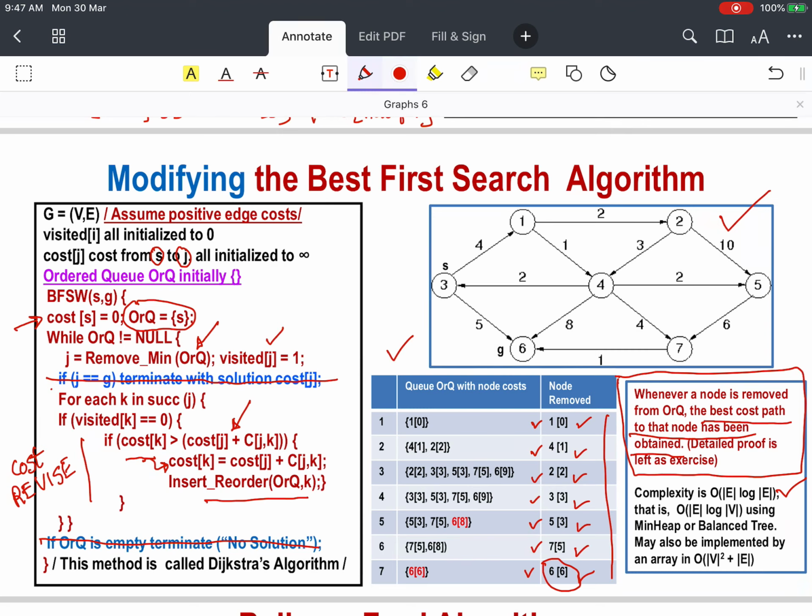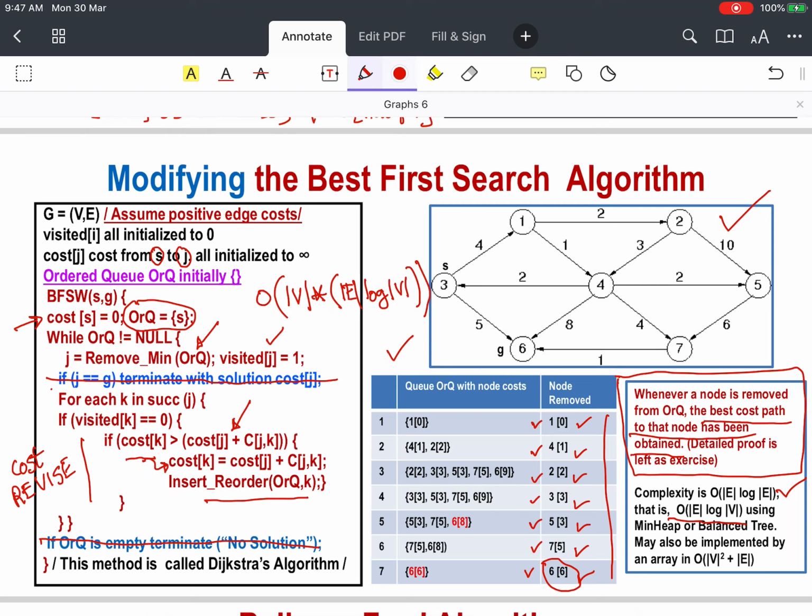Now we have to find shortest cost path from every start node. That means we can run the algorithm again for every start node, and therefore this algorithm will now become, instead of being an order E log V algorithm, an order V into E log V algorithm.